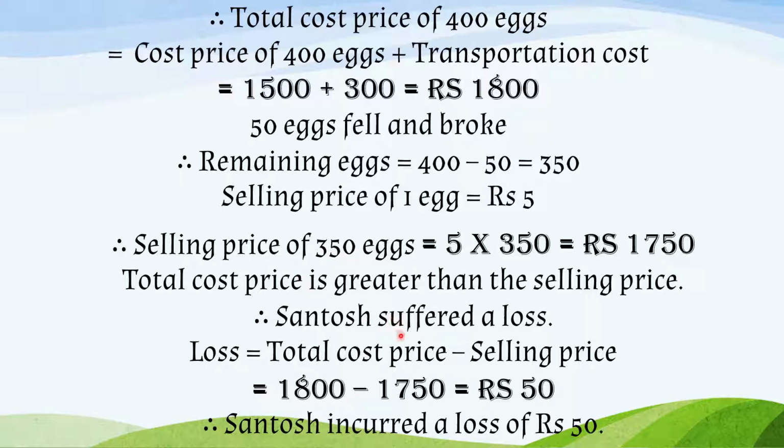Therefore, Santosh suffered a loss. Loss is equal to total cost price minus selling price. The total cost price, 1800, minus selling price, 1750. So when you subtract, you will get rupees 50. So Santosh incurred a loss of rupees 50.